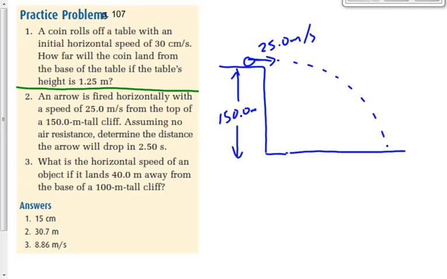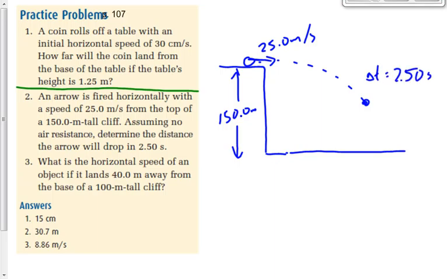We're given a time here of 2.5 seconds, but we're not given the time that it takes to go from here down to the ground. We're told that it falls for 2.5 seconds. So maybe it gets to this point in 2.5 seconds. We want to know how far it's fallen in that amount of time, 2.5 seconds.